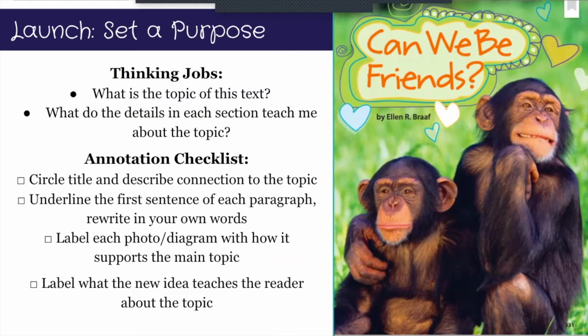We'll underline the first sentence of each paragraph and rewrite it in our own words to show our understanding. We'll label each photograph or diagram with how it supports our main topic. And we'll label new ideas that the reader is taught about with each topic.